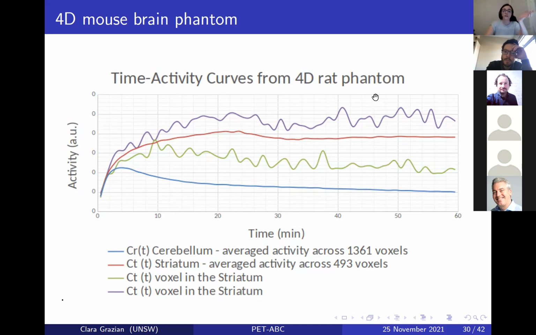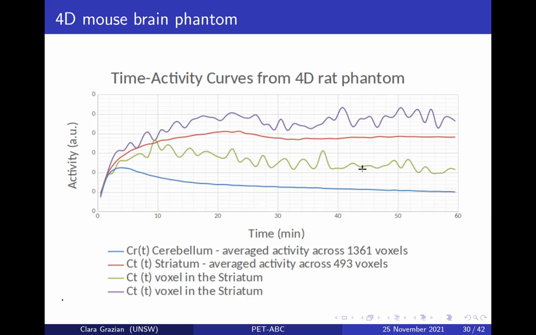But these 2, the purple and the green one, are 2 examples of voxels in the striatum, and there is a large noise and a lot of difference between voxels in the striatum. So where we assume to observe activation, actually what we observe is a large variability of the time activity curves.